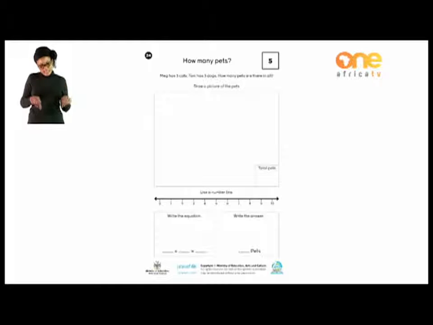What is an equation? Equation means you have to write two numbers or values and then you must add them up. So in that first box, can you see there's a line plus a line equals a line.